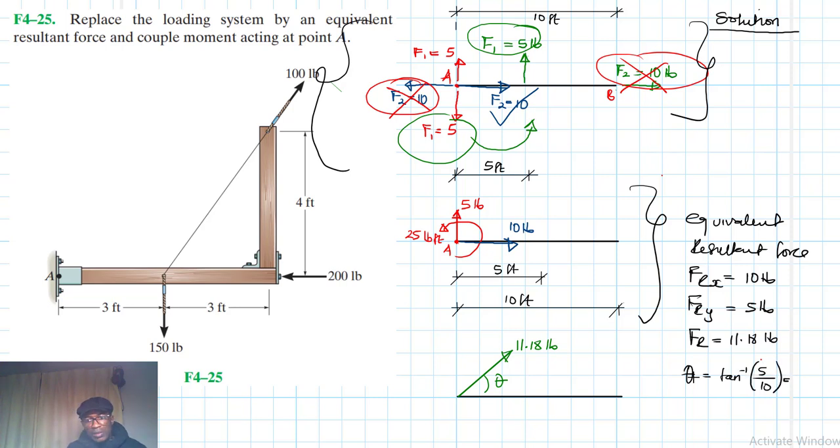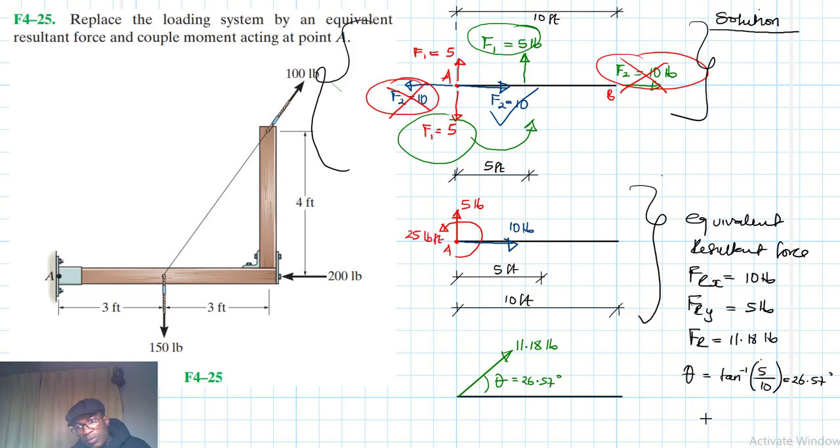So this gives us, grab your calculator, 5 divided by 10, tan inverse of that gives us 26.57. So this is equal to 26.57 degrees.